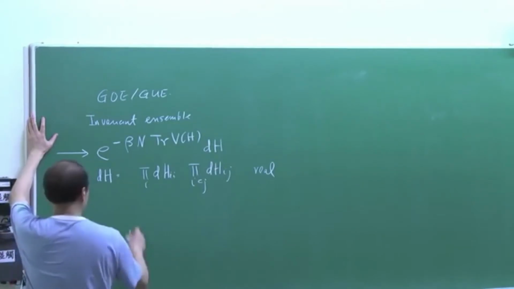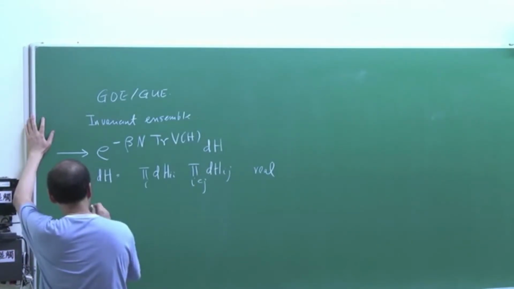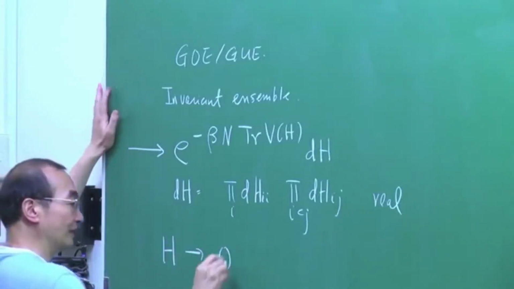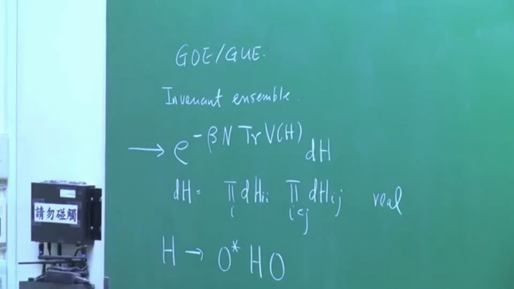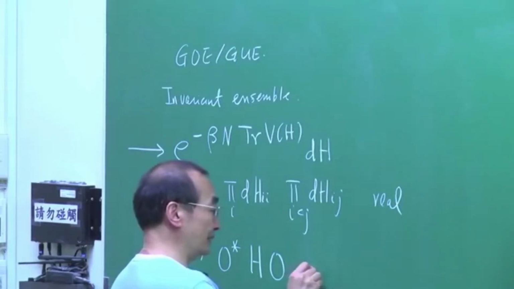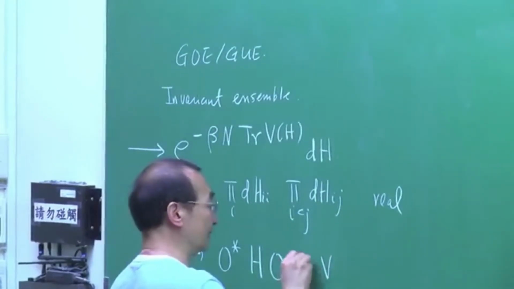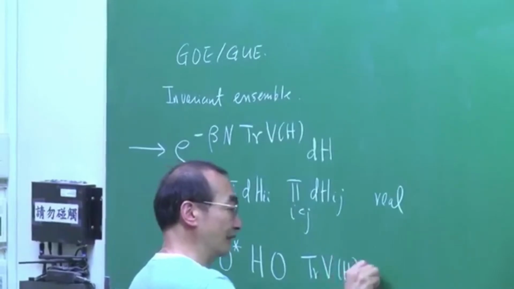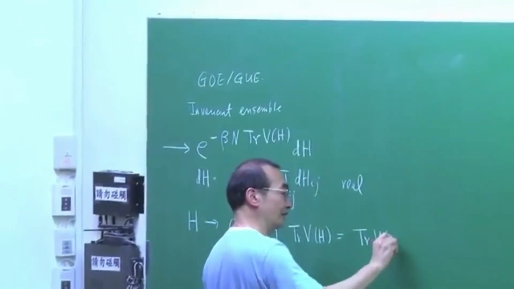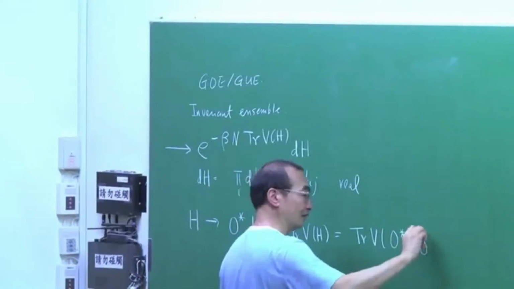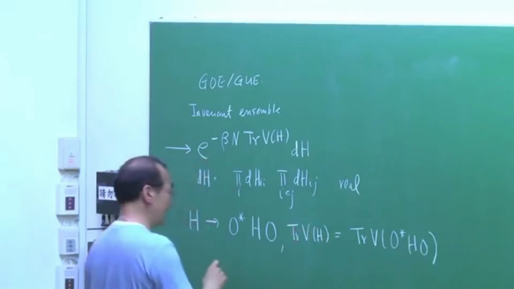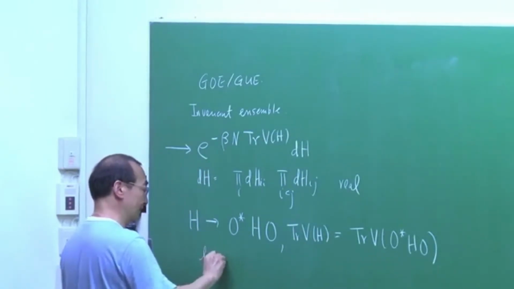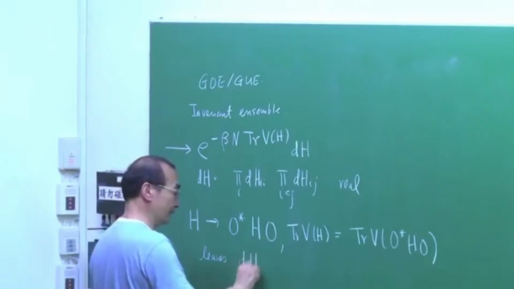Now this model is called invariant because if you take the transformation H goes to O star H O, the trace V of H is the same as trace V of O star H O, and also this transformation leaves this dH invariant.